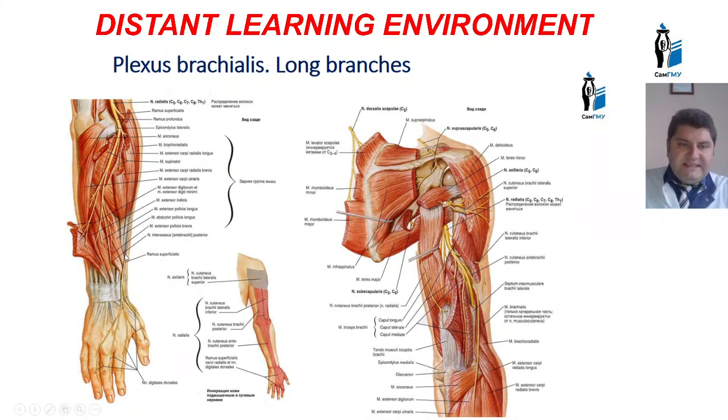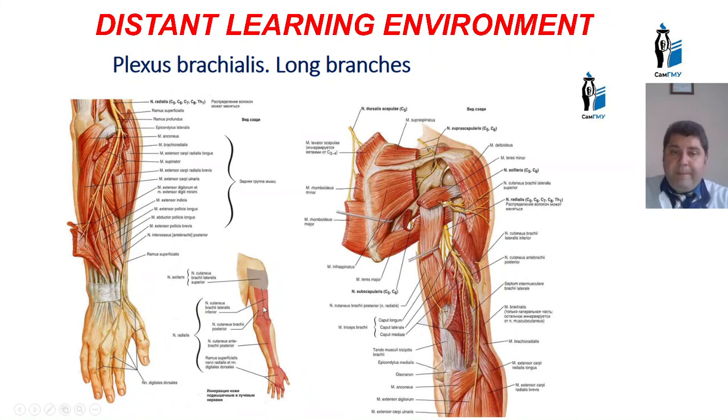And now we can see the superficial ramus of the radial nerve, which innervates the dorsal skin of the hand. It forms the common digital nerves and also proper digital nerves to innervate the fingers' skin and also the dorsal surface of the thumb skin. And at this picture you may see the skin innervation of the radial nerve.